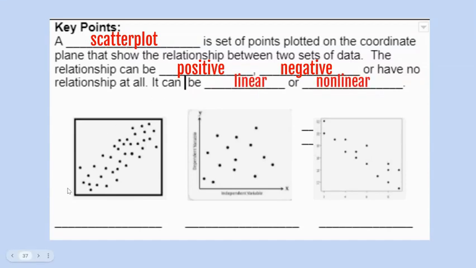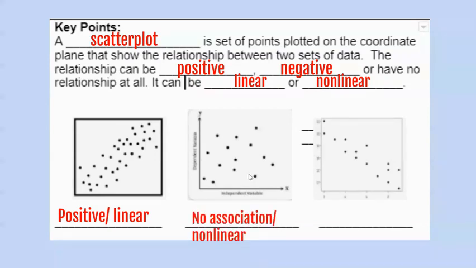So this is going to be a weak, positive, linear relationship. I don't think you need to know if it's weak or strong yet, but I think it's really important, so I'm going to say that. All right, so it's positive, it's linear. This is nonlinear, it's no correlation, no association, nonlinear. This is linear, it's negative, and it's a stronger correlation than the other one. Okay.